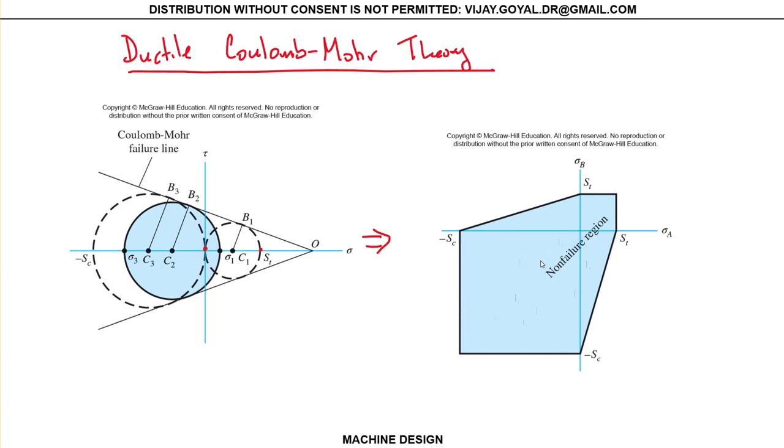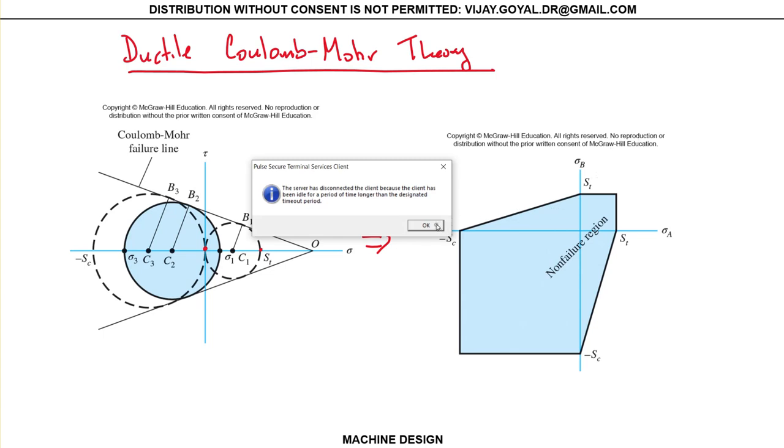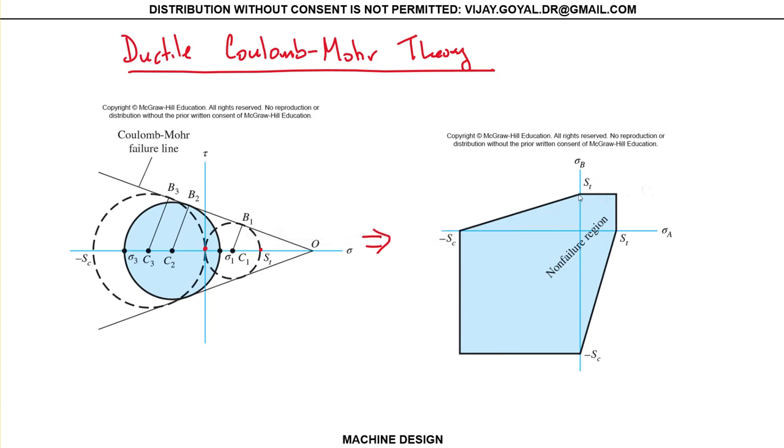Okay? So I want to talk about that in a minute, but you can see that if you did, for the case of maximum shear stress theory, this gave you something like this, because he was assuming that this value was minus tensile yield, and this value was minus tensile yield.